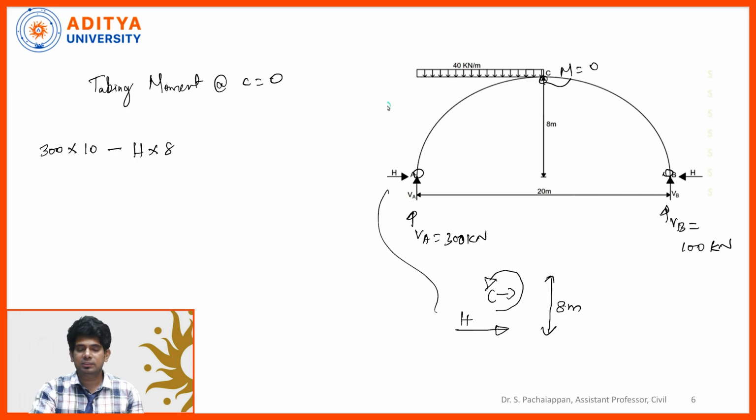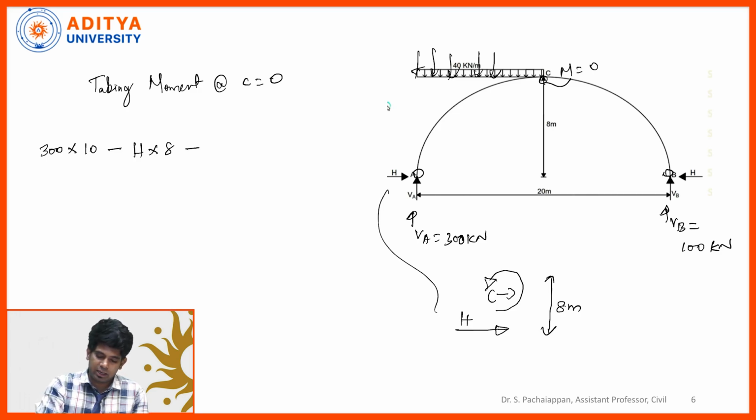And we need to consider the downward force also, which is W, acting in a downward direction. That's why we have a minus sign. The intensity of the loading is 40, and it is acting over a distance of 10 meters.